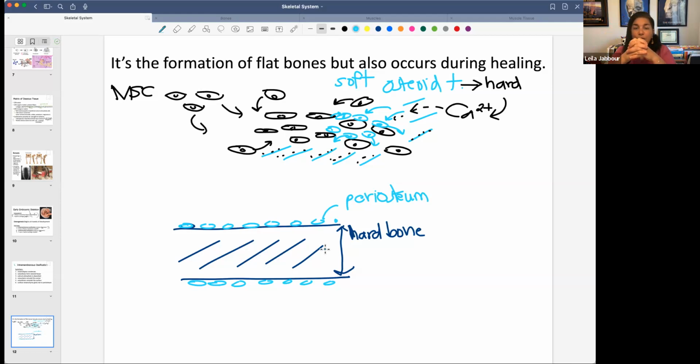Our flat bones are not made of a full hard bone structure. It's actually not like that. I think I have a picture a little bit later to show you the final outcome, but I'm going to draw it out now. What arrives next are your osteoclasts. So here's my Pac-Man.